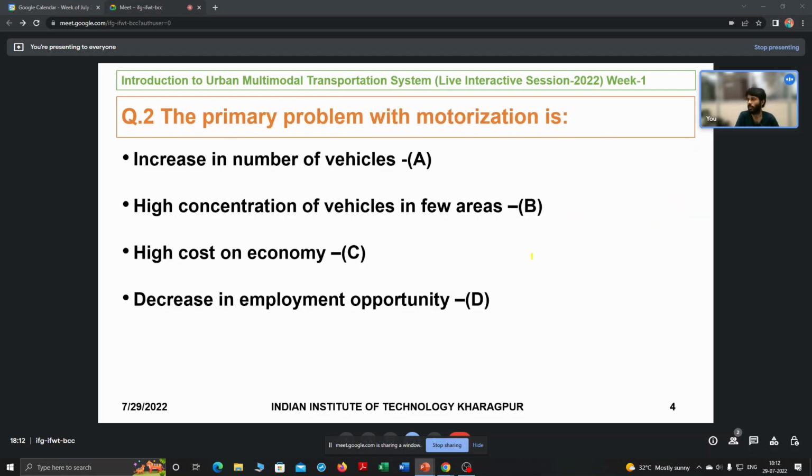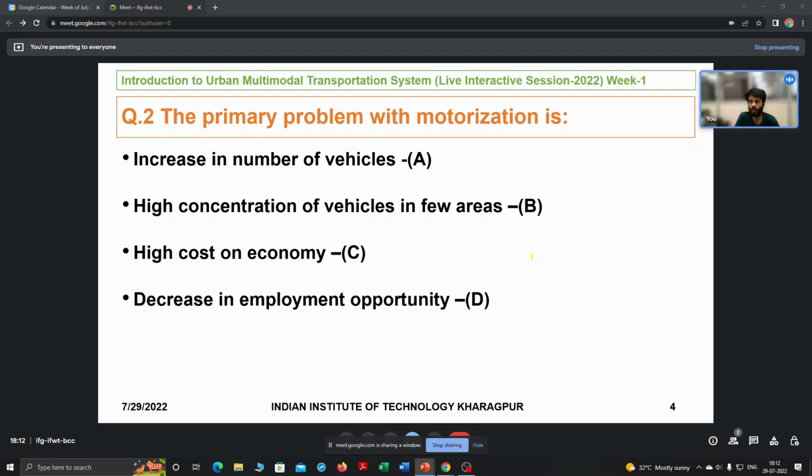So then the next one is, what is the primary problem with motorization? Anyway, whether it is a rural area or an urban area, motorization is increasing, right? But what is the primary problem associated with motorization? Is it only the increase in the number of vehicles?